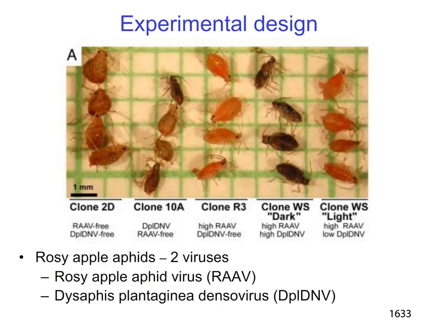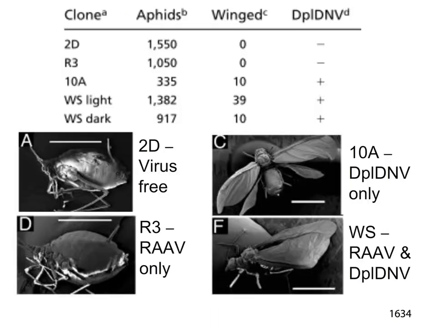Okay, so considering this, they had to conduct an experiment where they could figure out what was actually causing the wings to form. Given this information, think about what type of experiment you would design to test which of these viruses, if either one, would cause wing formation. They focused on using clones, okay? They looked at their aphids.